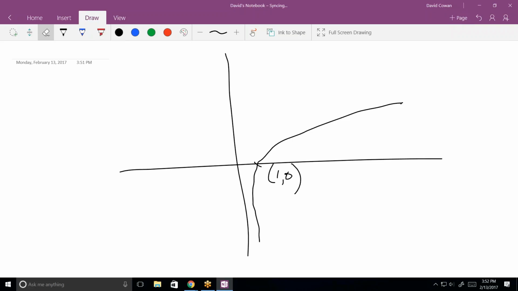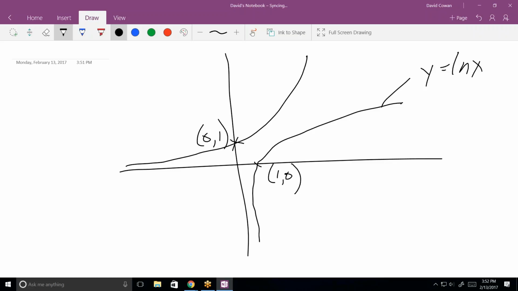In other words, it's a lot like exponential curves. Remember exponential curves all look like that? You can't really tell whether that's 2 to the x or e to the x or 10 to the x. However, it goes through this same point, 0, 1 instead of 1, 0. Now, notice something here. We'll call that y equals natural log of x.